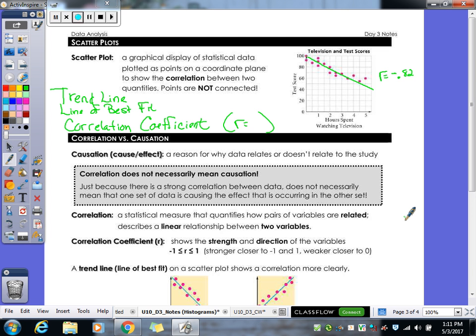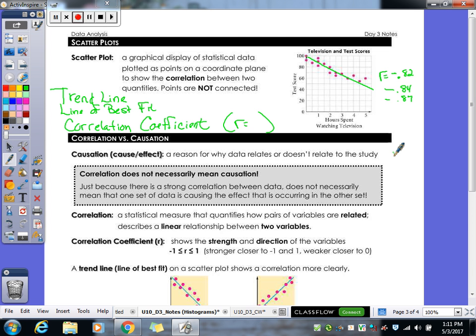I talk about it as money, like 82 cents is close to $1. Those points are close. Now I could have called it negative 0.84, negative 0.87. You just have to come up with a guesstimate of what that R value is going to be.